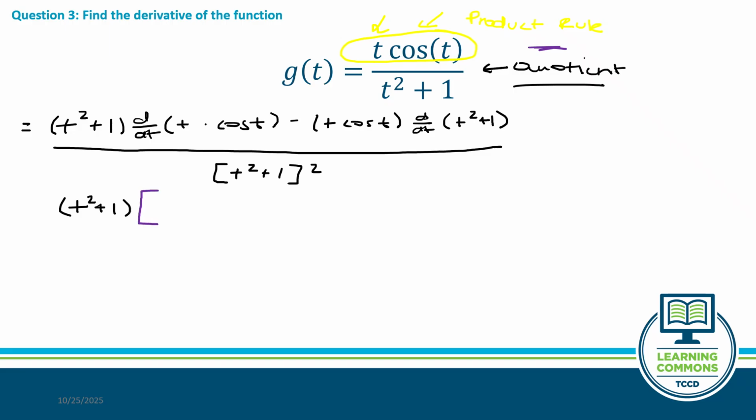I'm going to put it in square brackets, just so that way I can see it. It's easier for me to notice. So dt of t times cosine t plus t dt of cosine t.